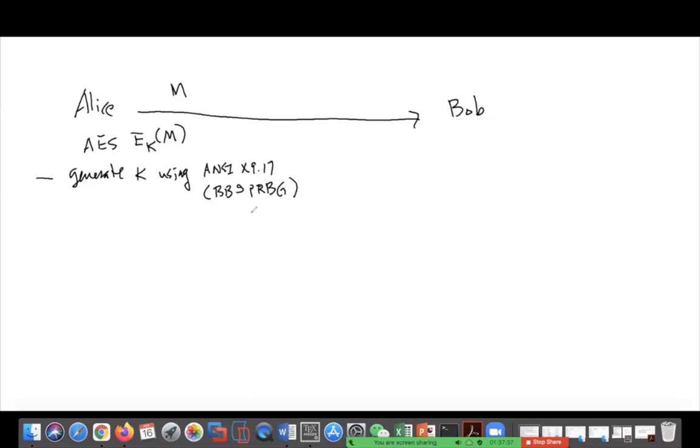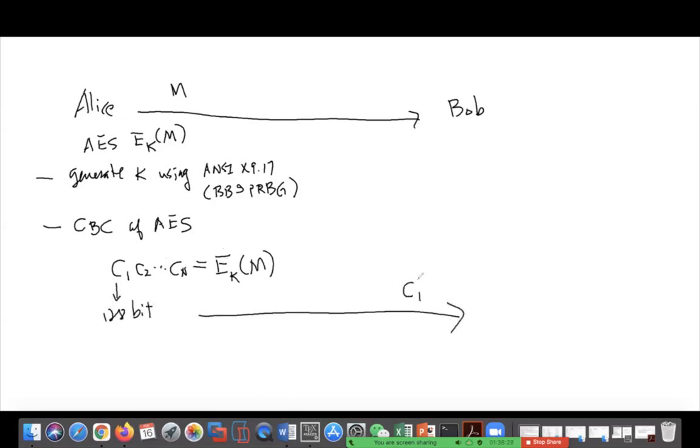And she also knows how to use the CBC mode of AES to encrypt M. That creates a sequence of ciphertext blocks, C1, C2, up to CN, which is the cipher blocks of M. Each of these is 128 bits long. So Alice wants to send C1 through CN to Bob.